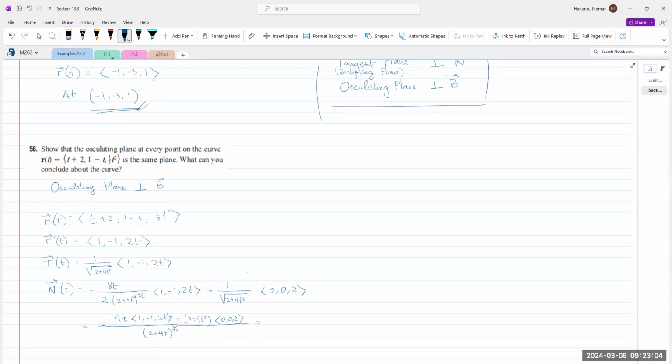Which will give us, for the x component, negative 4t. For the y component, positive 4t.